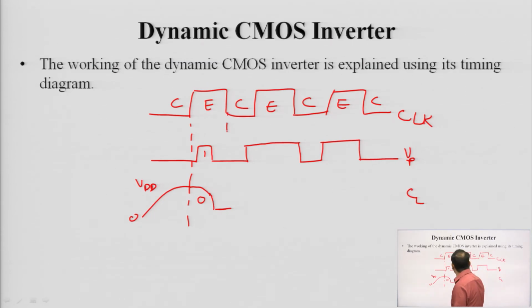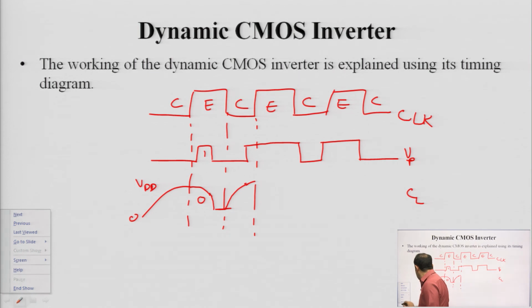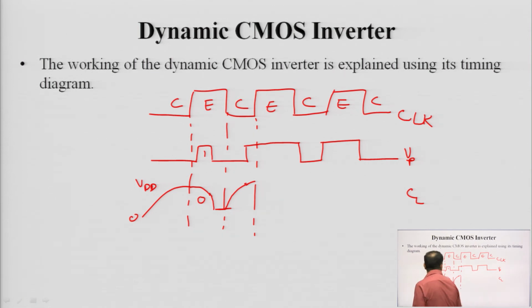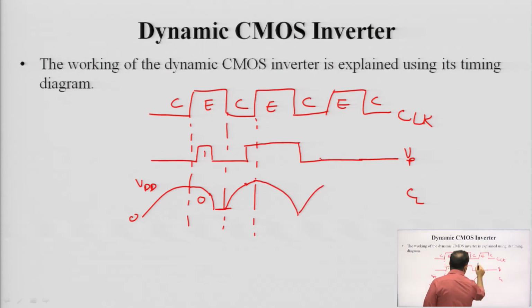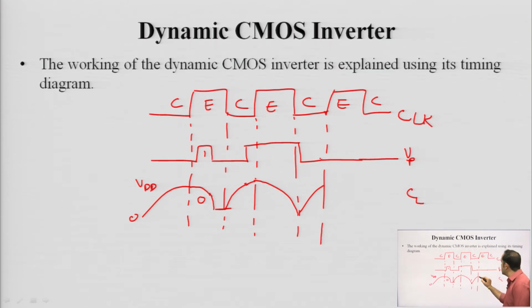After some point of time when this goes 0, it again starts to charge. Then in the evaluation stage, it finds that your logic is 1. Now let us talk about this half, where charging has turned your output load capacitor high.